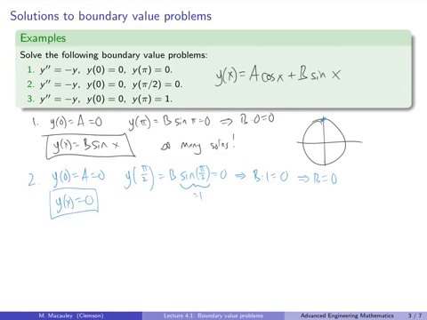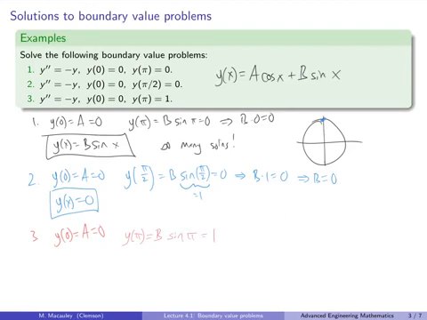It's the trivial solution. And finally, for the third example, as before, we get y of 0 equals a, which is 0. But now things are different when we get, say, y of pi equals 1. So y of pi, let's plug pi in here. So y of pi equals b sine of pi, so b times sine of pi equals 1.